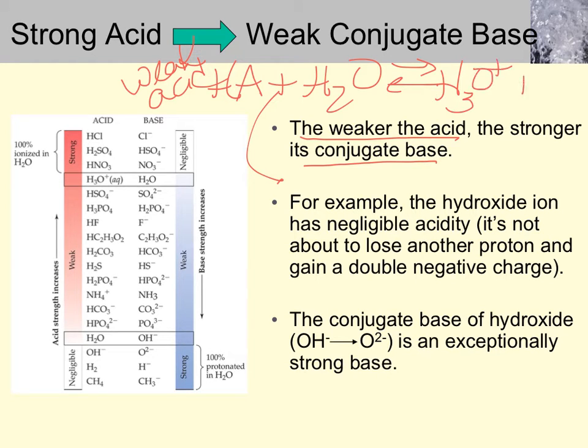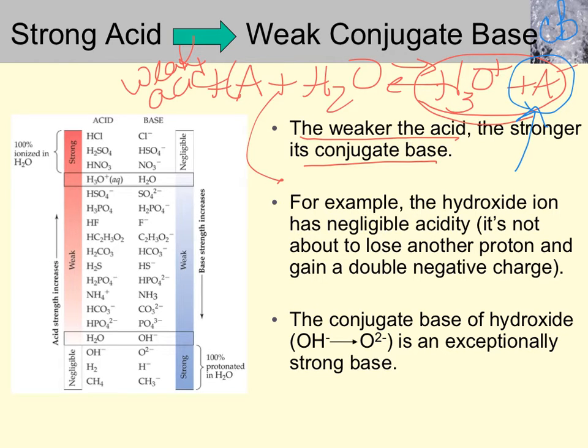And here are the ionized products. The weaker the acid, that means not very much of this is formed, the stronger the conjugate base. So here's the conjugate base of the original weak acid.